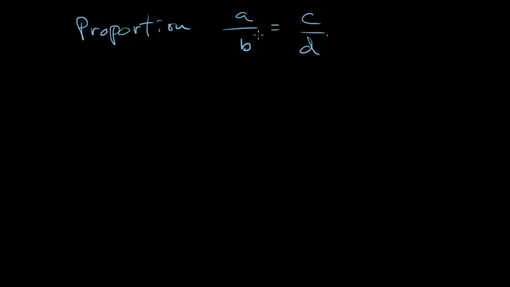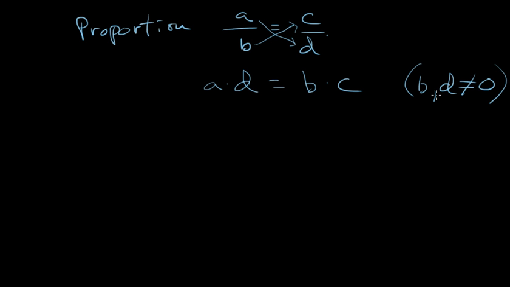Okay? And you know how to solve a proportion, don't you? You cross multiply. Because if A over B equals C over D, then A times D equals B times C. Now there's a trick here, and that is that B and D cannot equal 0. We can't have either one of these be 0 because division by 0 is undefined.